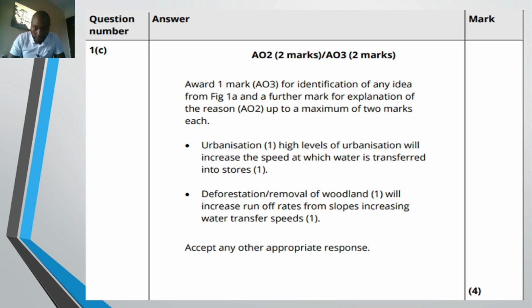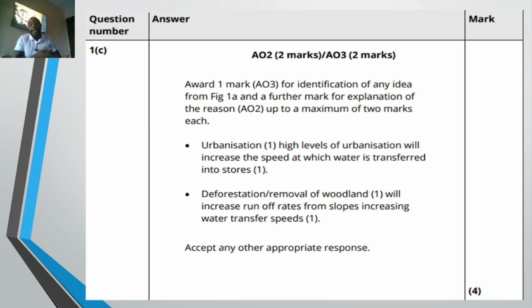And look at deforestation now, or removal of woodland, or cutting down of trees. That's what we call deforestation. It will increase runoff rates from slopes, increasing water transfer speeds. Deforestation, we've cut down trees. How will that affect the transfer of water in the hydrological cycle? It will increase runoff rates from the slopes, increasing water transfer speed.